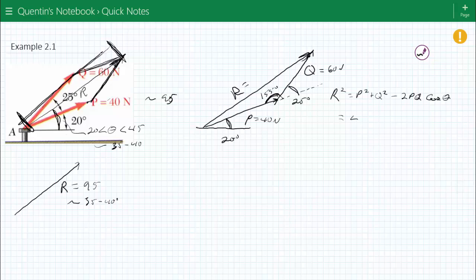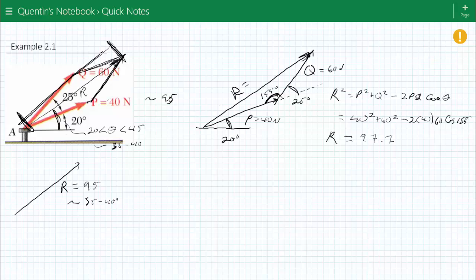So it's equal to 40 squared plus 60 squared minus 2 times 40 times 60 cosine of 155. So it turns out that R is equal to about 97.7.